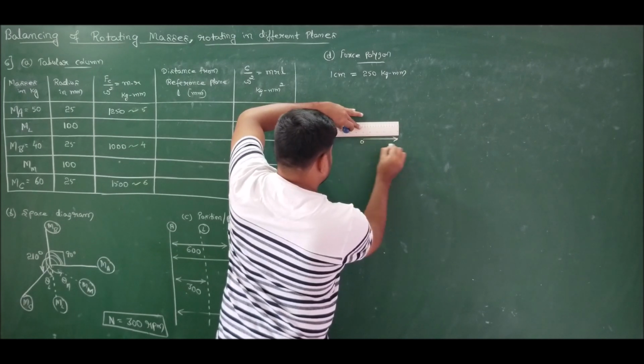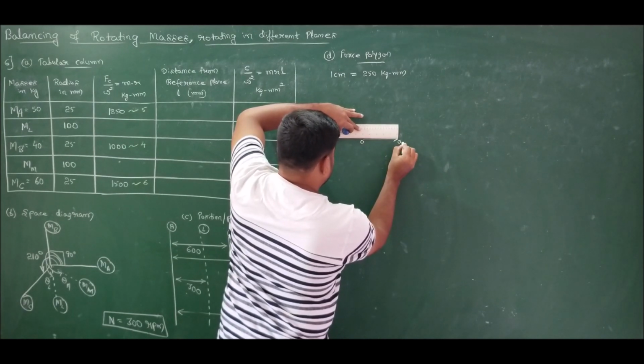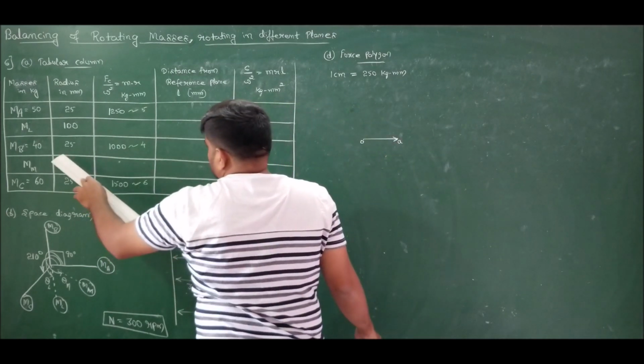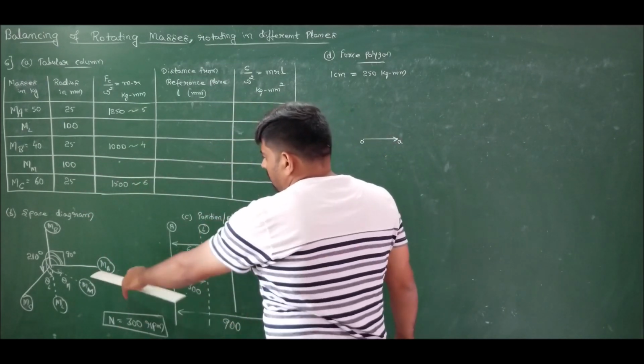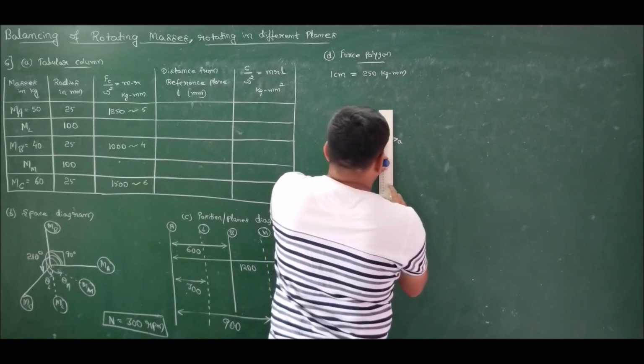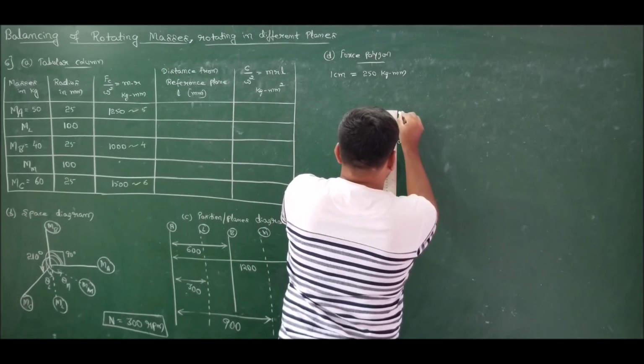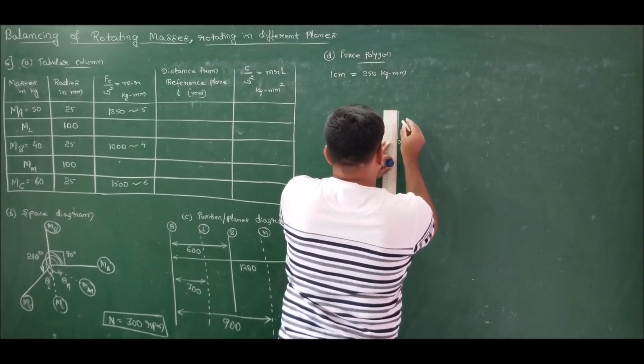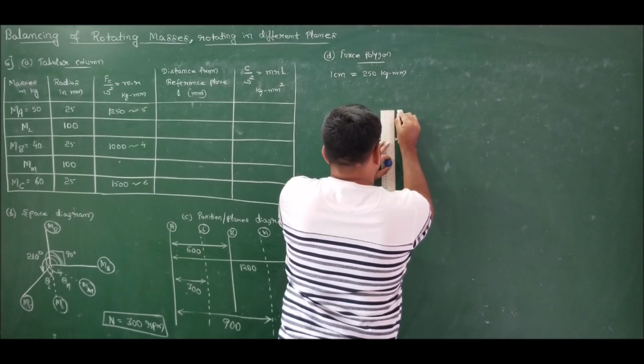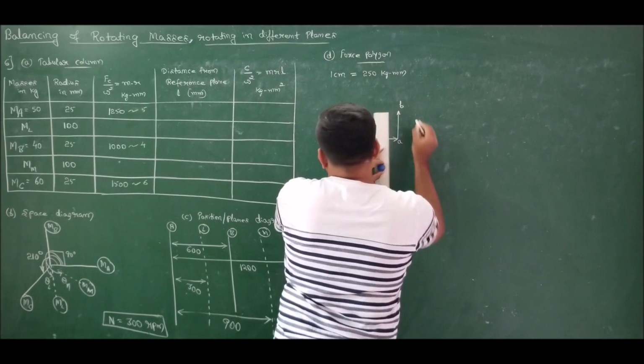I have drawn 5 centimeter. Let us call it OA. Now B is 4 centimeter, angle is 90 degree. So draw 4 centimeter at an angle of 90 degree. Done.